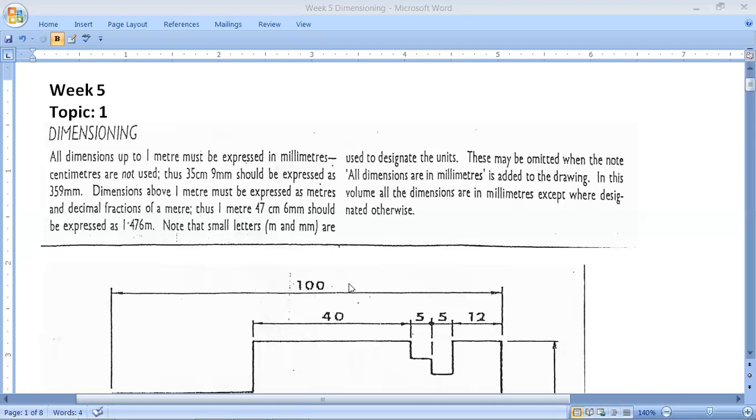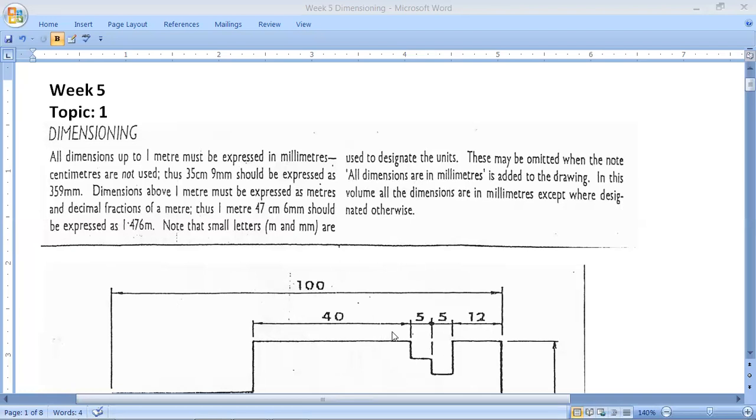One more thing, it's not recommended to place the stated millimeter in the drawing. The recommendation is at the title block, when you create the title block in the lower part of the drawing paper, you write the unit there, specifying millimeter or imperial or inches or feet, depending on what unit you are using.